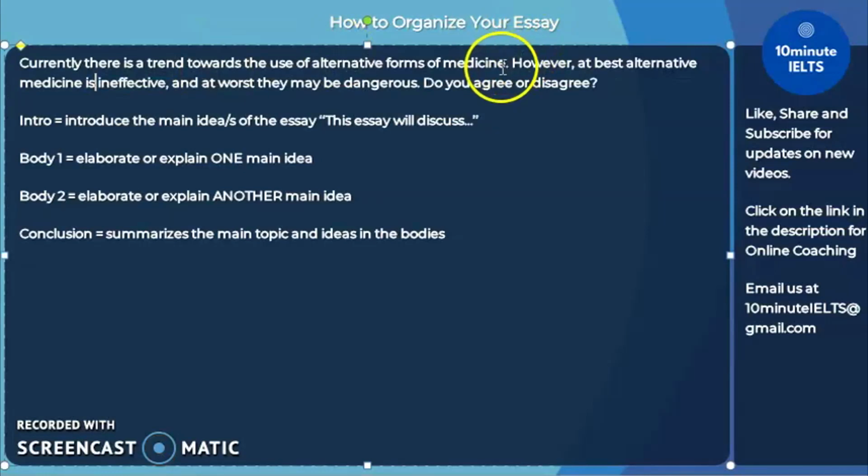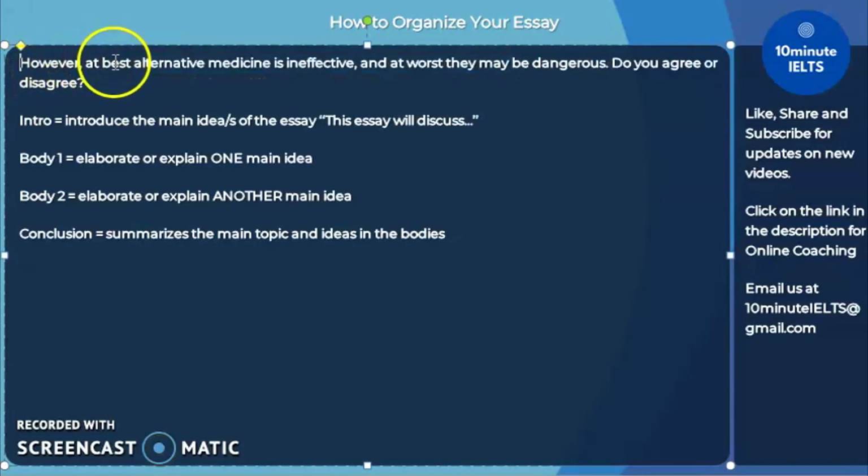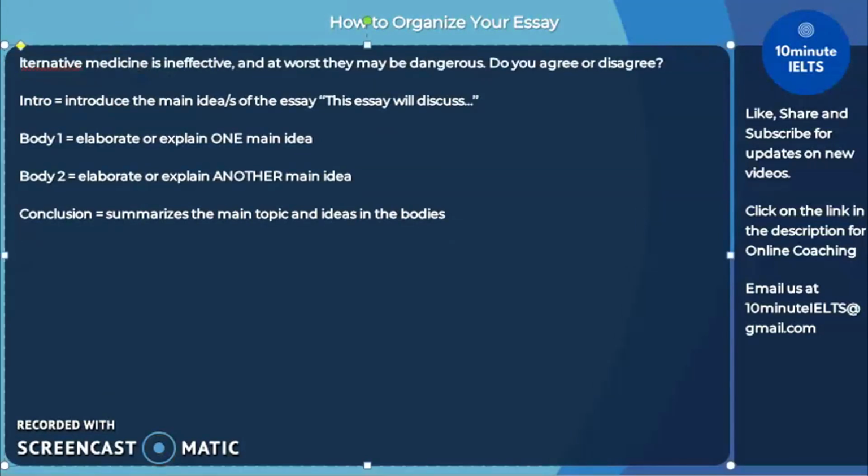Again, let's simplify. Let's take out the sentence that isn't included. Let's remove all of the words that are not necessary to isolate the main topic. And the main topic is, do you agree or disagree that alternative medicine is ineffective and dangerous?